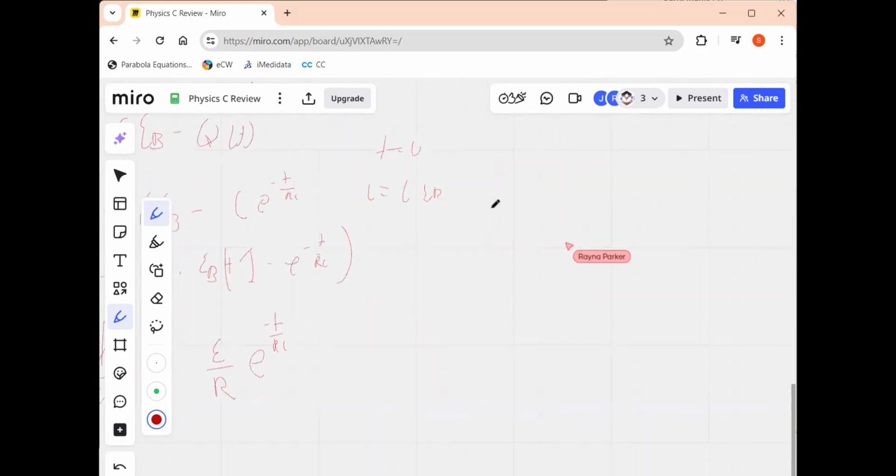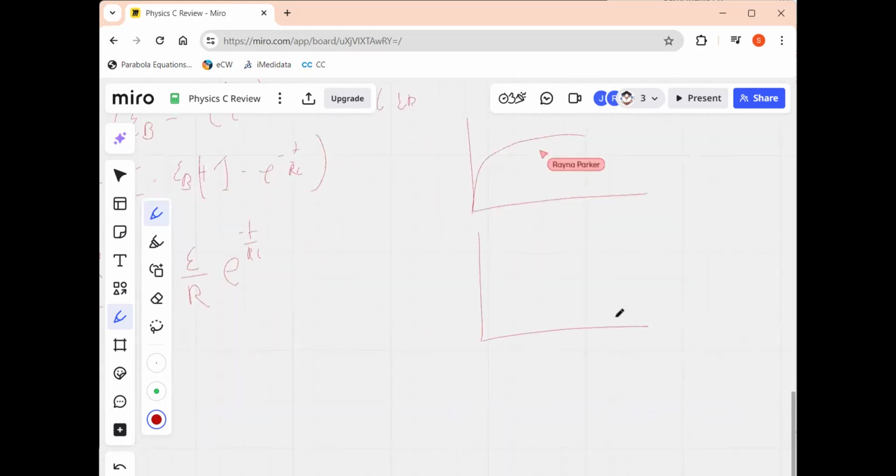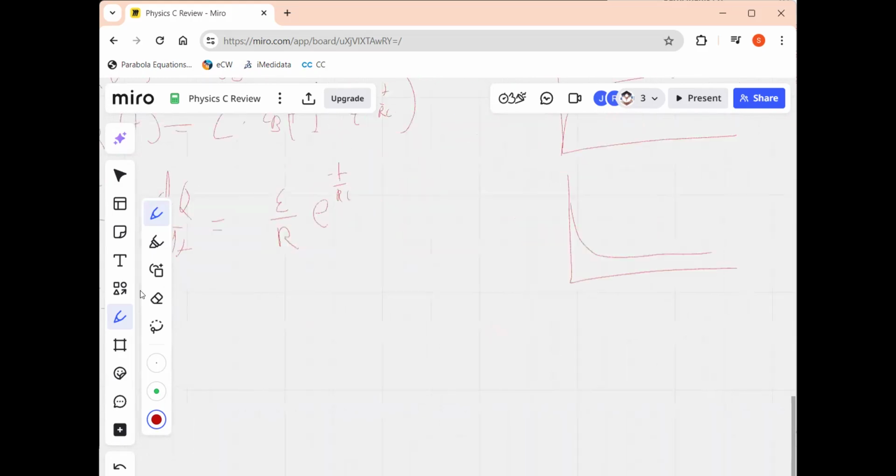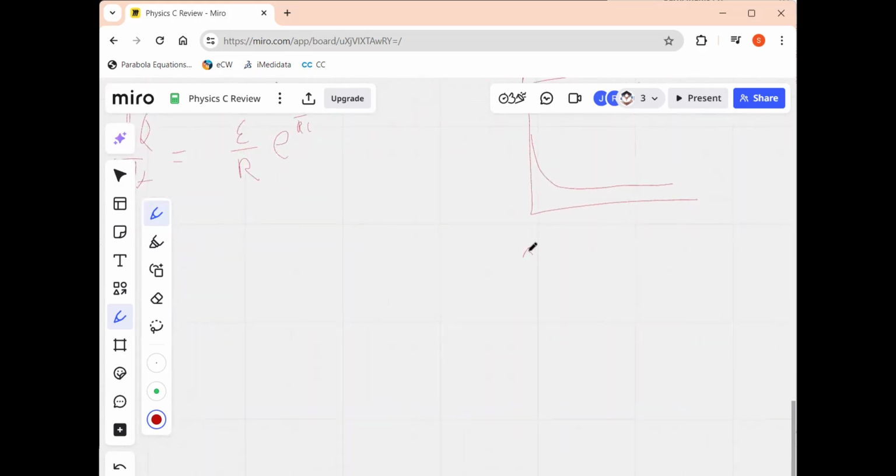And so the graph of Q looks like this. The graph of I looks like this. And V equals IR. So voltage across the capacitor is going to go to zero as well.